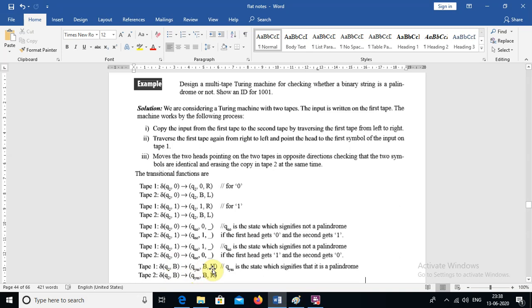In tape 1 we can go with the halt, in tape 2 we can move to right. Tape 1 only we have to consider for halting and accepting. So whenever we reach the QS state, this shows the string is nothing but a palindrome. This is the representation of transition functions of the given problem.